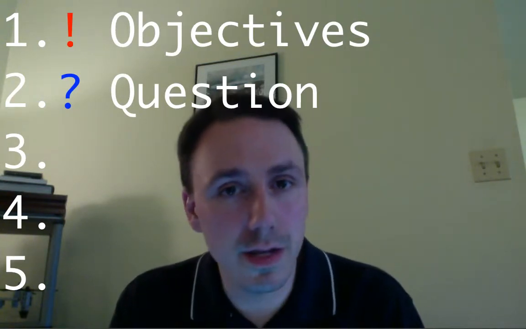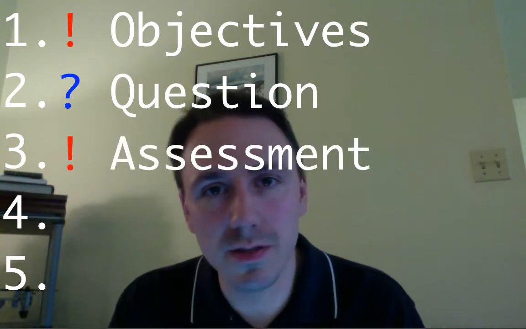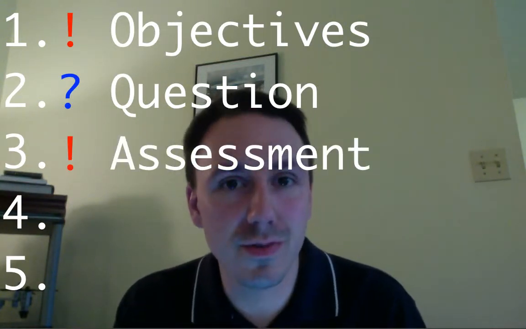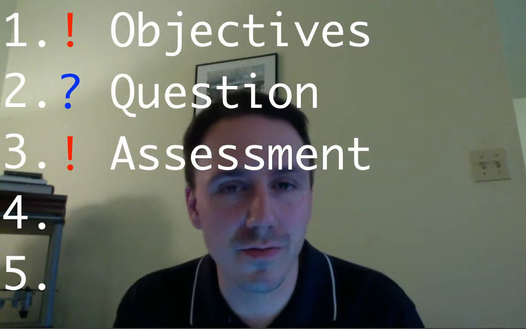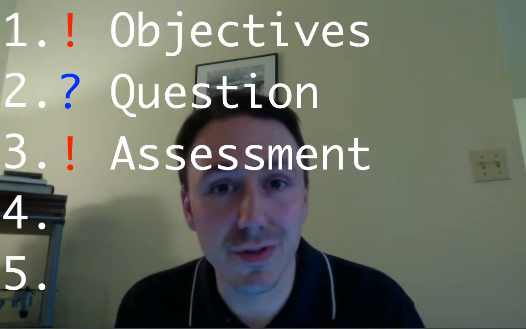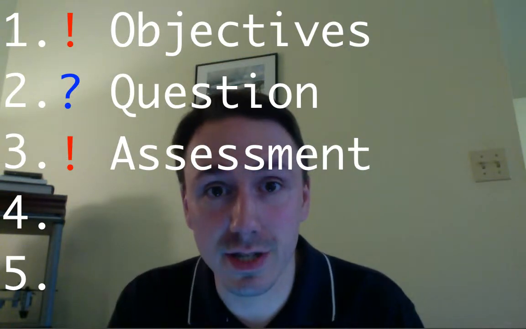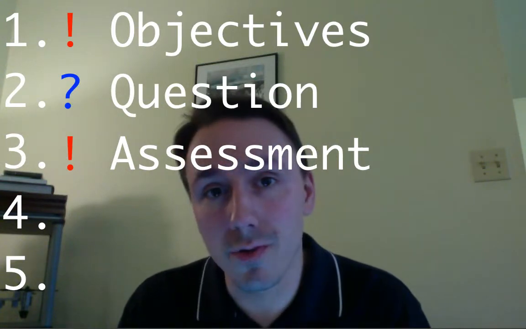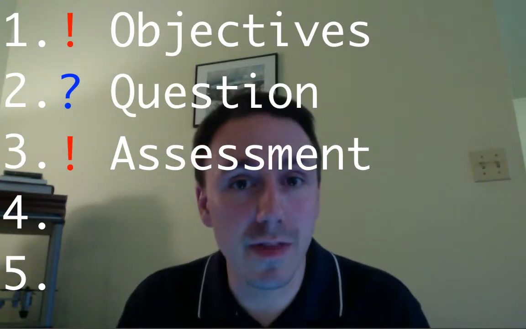Of course, then you want to design an assessment. Good backwards design starts with an assessment and then builds instruction from there. So how will you know your students have learned an answer to this question? And so it might be writing a report or any other number of things.